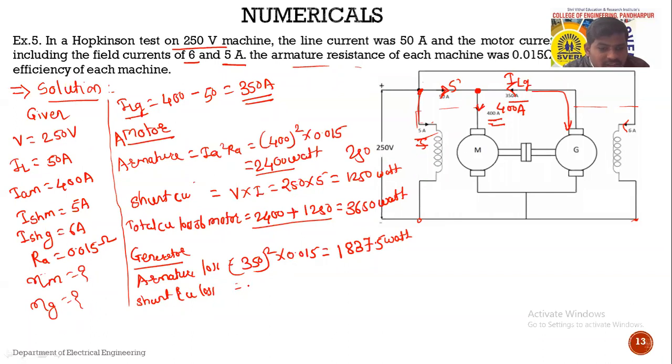So shunt field winding copper loss again V into I. V is nothing but 250 into current I is nothing but 6. It is equal to 1500 watt, right?